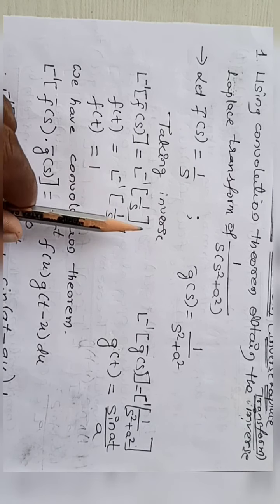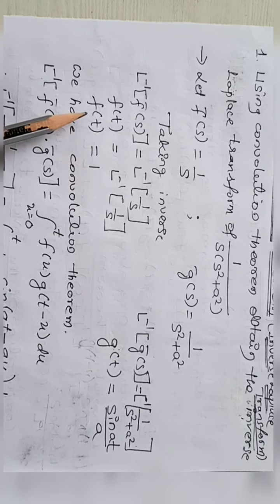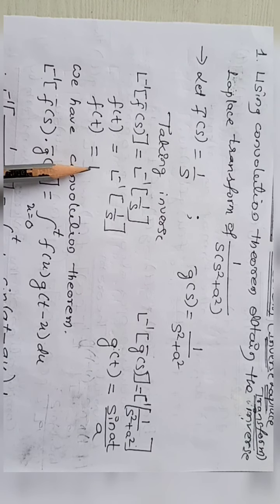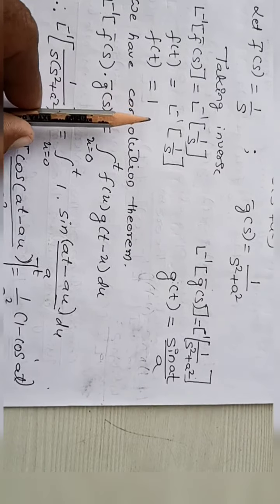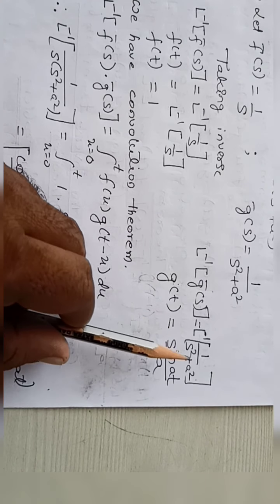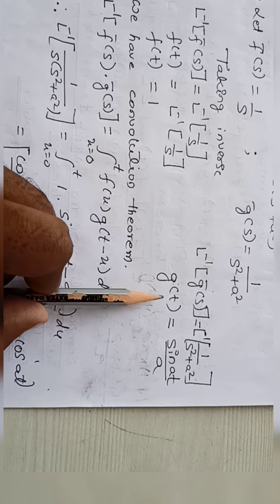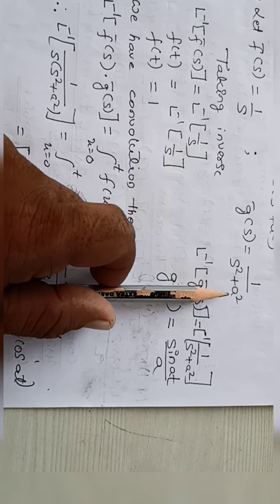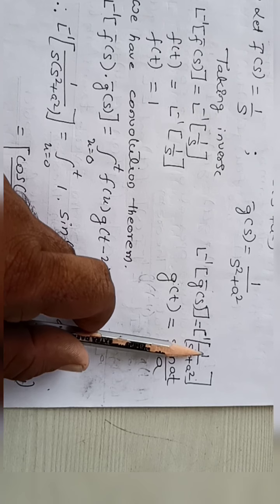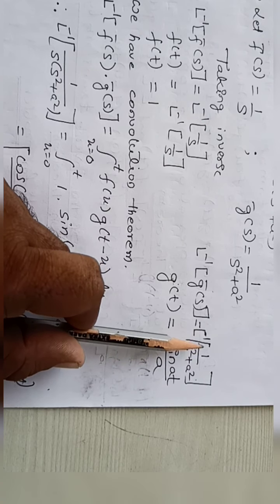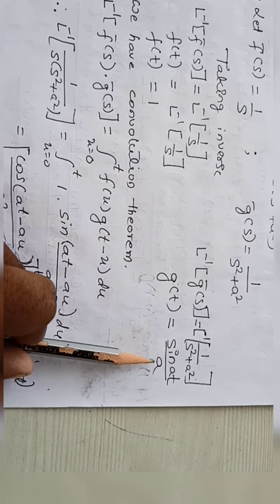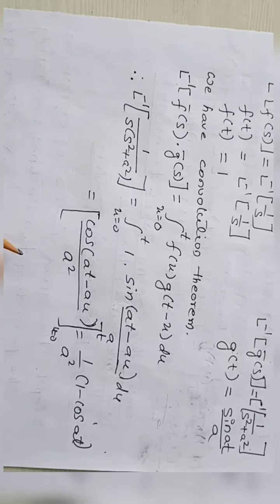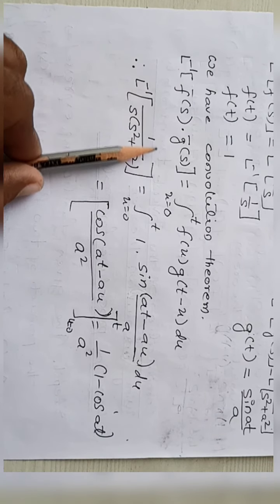Laplace inverse of 1 by s is equal to 1. That means f of t is equal to 1 we got. And Laplace inverse of g bar s is equal to Laplace inverse of 1 upon s square plus a square. S is not there here, 1 is there, that means it is not cos, it is sin at by a.